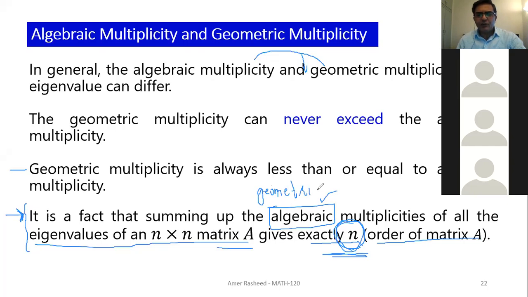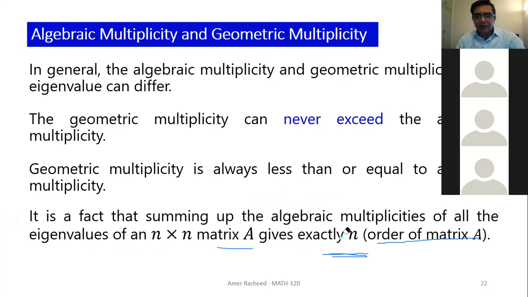It is valid for both, but the fact for geometric multiplicities we will use for the further concepts of diagonalization. I hope that answers the question. Now we are going to discuss the next slide. If you people have any question, you can ask me.